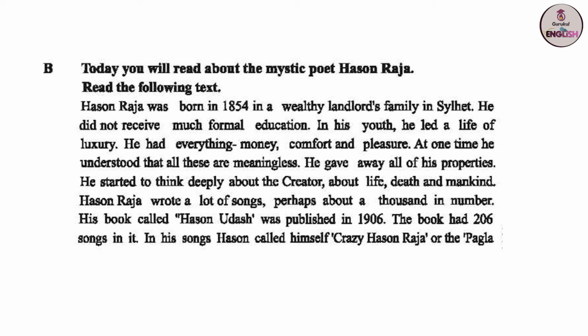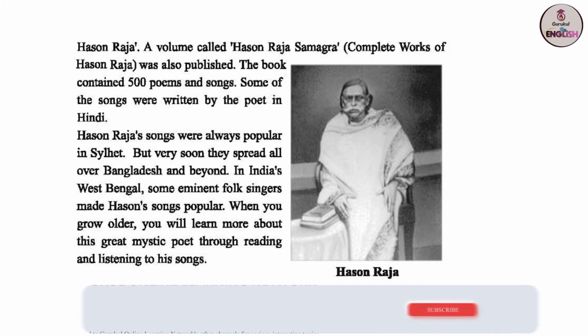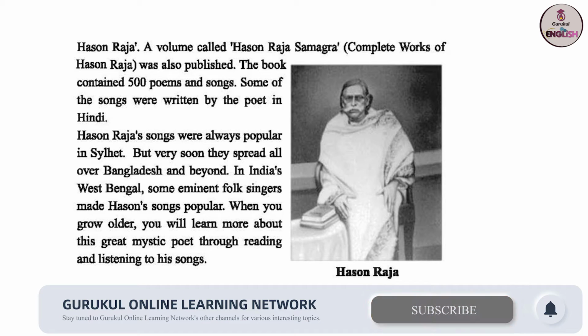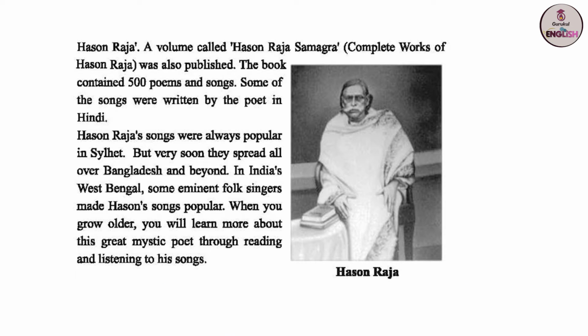In his songs, Hason called himself Crazy Hason Raja or the Pagla Hason Raja. A volume, you listen carefully, a volume called Hason Raja Shamagra, Complete Works of Hason Raja, was published.